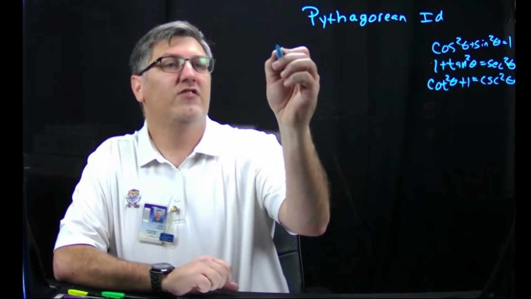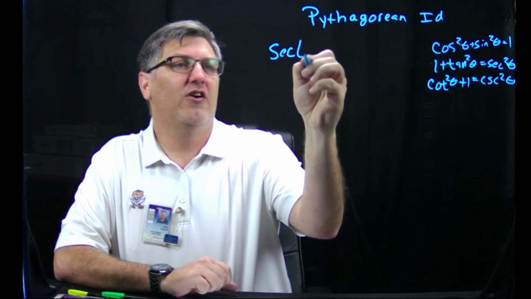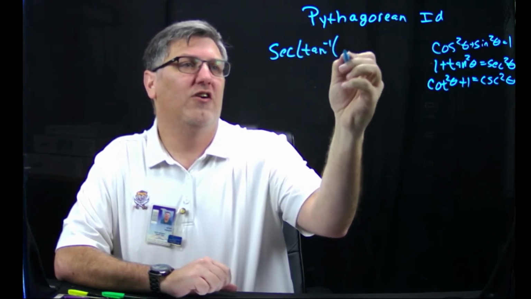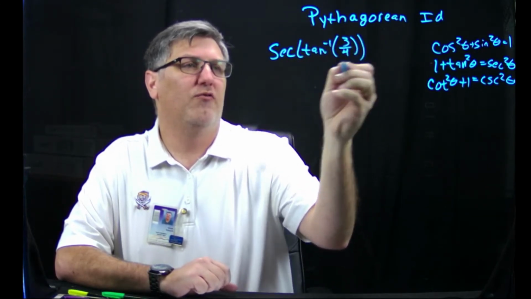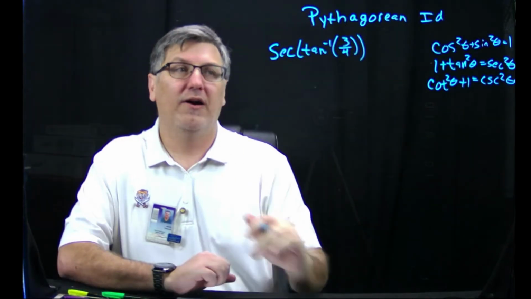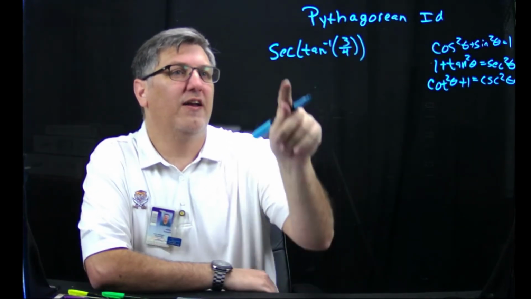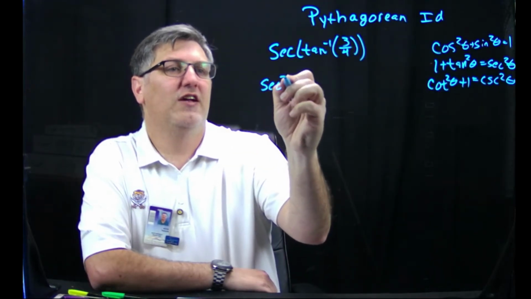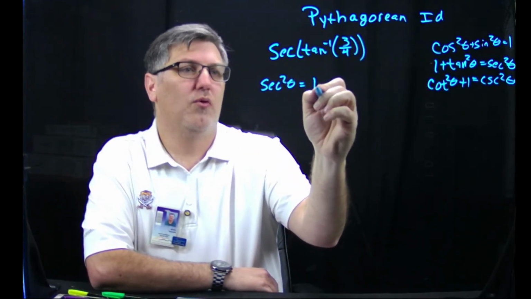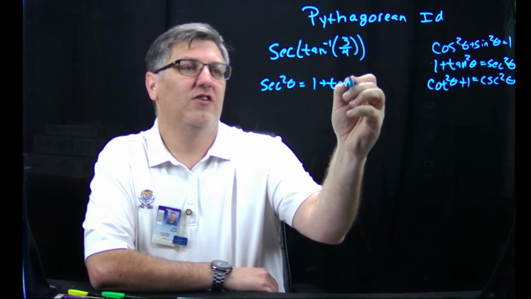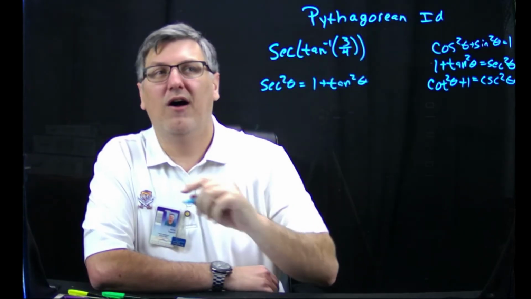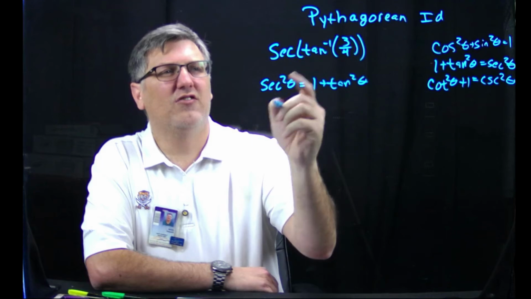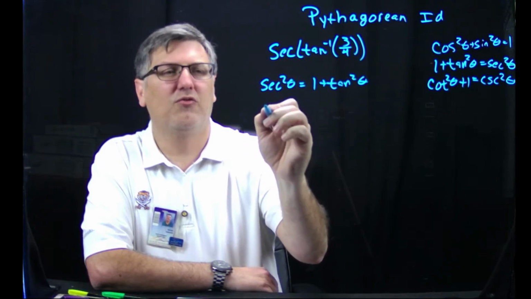All right, let's say we do secant of arctangent of, let's keep this simple, 3 over 4. I need to know secant, and I have a Pythagorean identity that says secant squared theta equals 1 plus tangent squared theta. I don't need secant squared, I just need secant, so I'm going to take the square root.